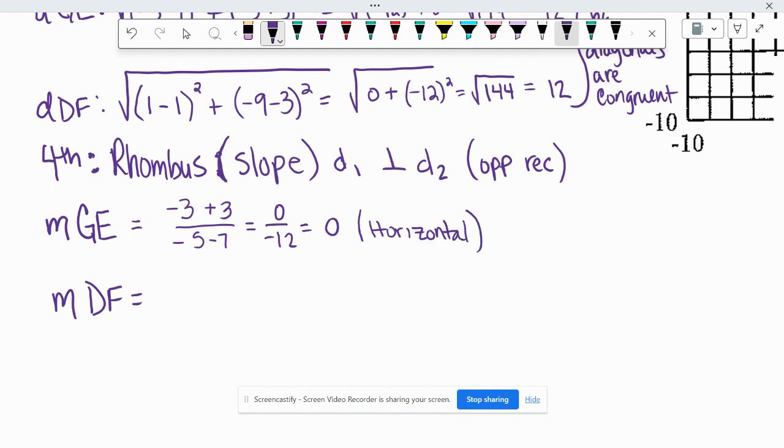Horizontal line. Okay. Let's do DF. Let's see. F, y coordinate, -9. D, +3. So -9 minus 3 over 1 minus 1. I'm going to let you think about it.